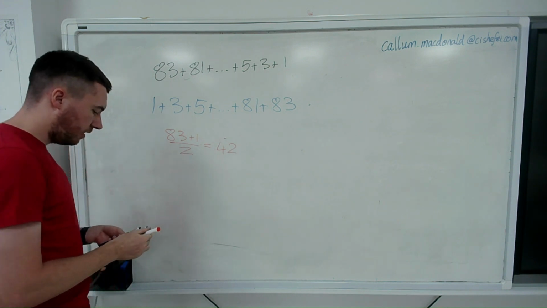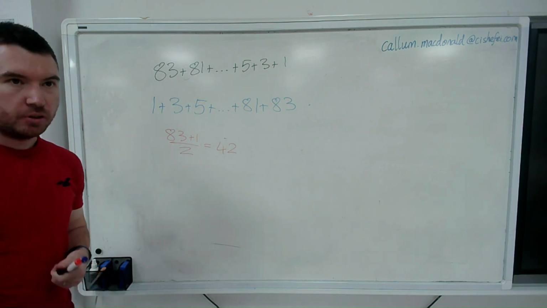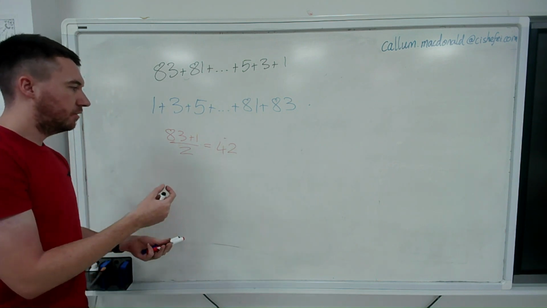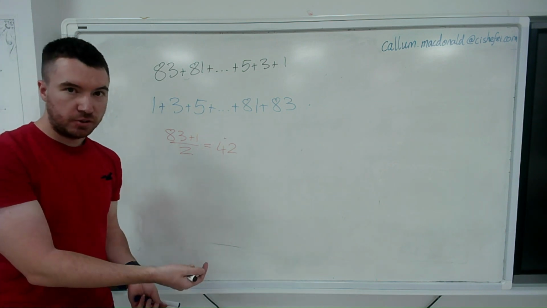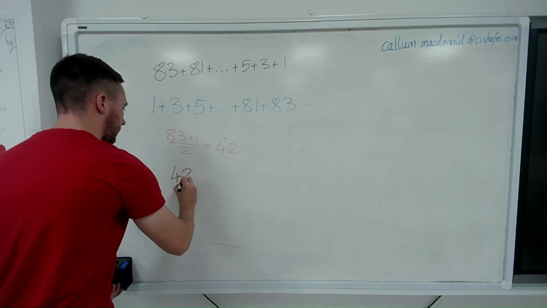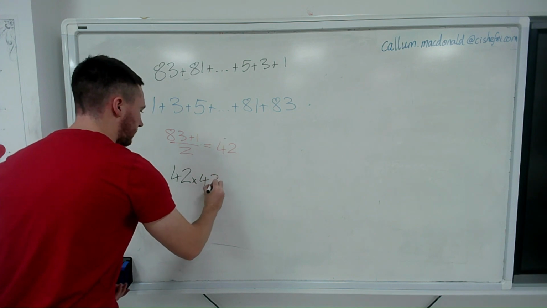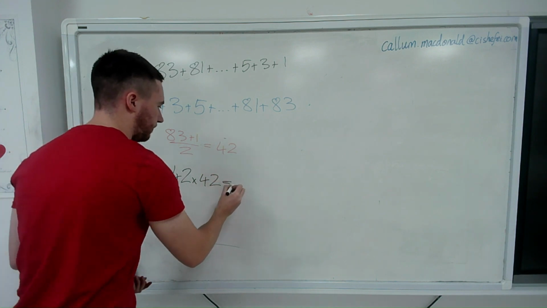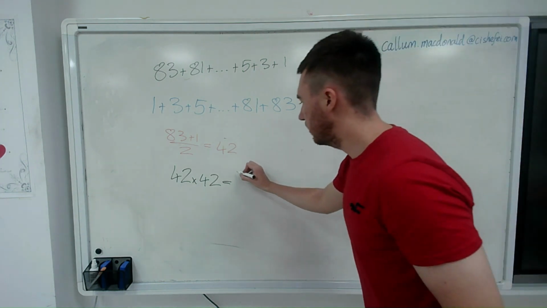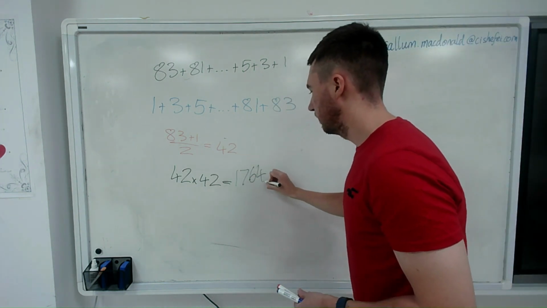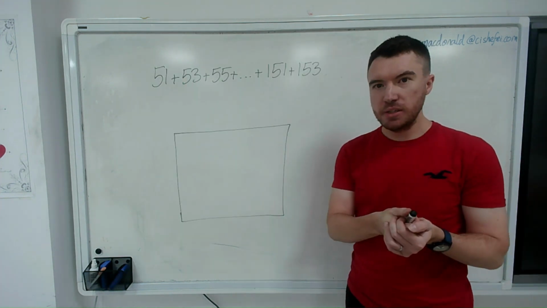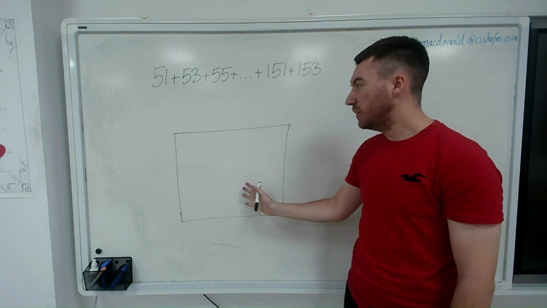And the number of circles in the square, if you like, is number of terms times number of terms, like we said it was in part C. And this would be 42 times 42, which is 1,764. That's the answer.